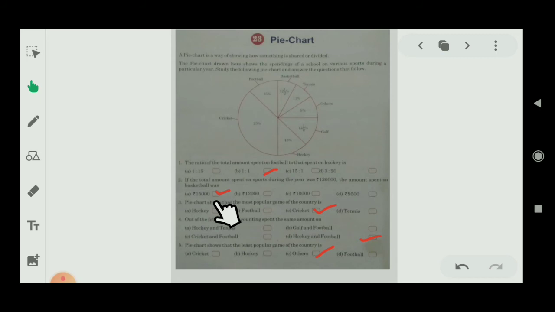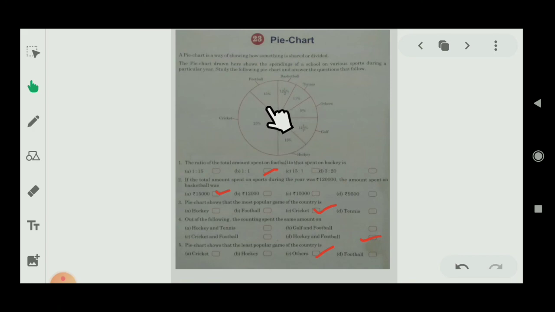Let's see the question number 3. The pie chart shows that the most popular game of the country is... As we know from the pie chart, cricket's value is greater. So the most popular game is cricket. Let's see the question number 4. Out of the following, the country spent the same amount on which games?